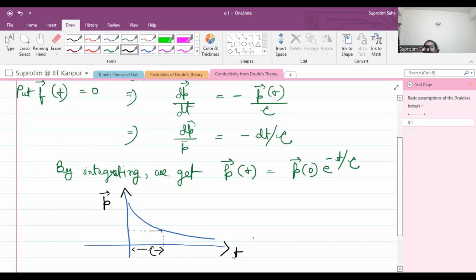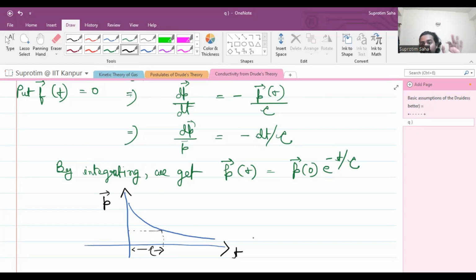So if one applies an electric field, or let's say a magnetic field, an applied force in general, then the electrons will respond to the force, and the momentum will change as per the force applied, and there will also be a drag term which arises due to the collisions.